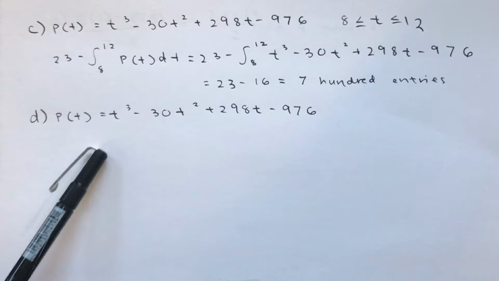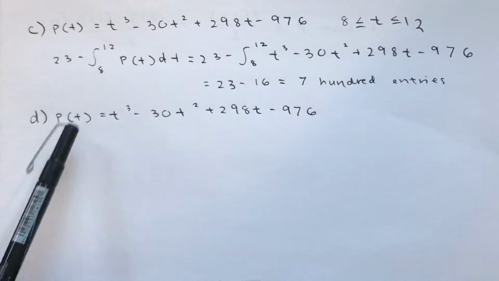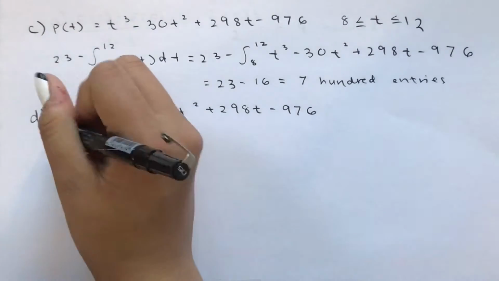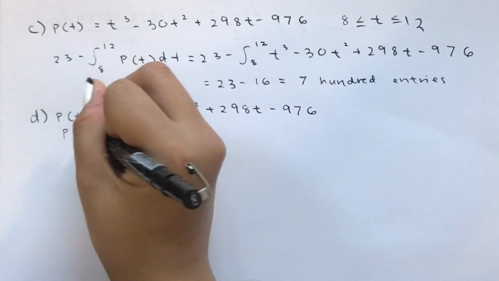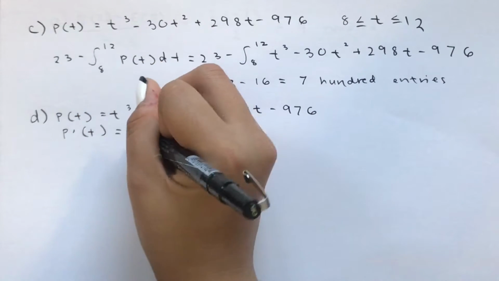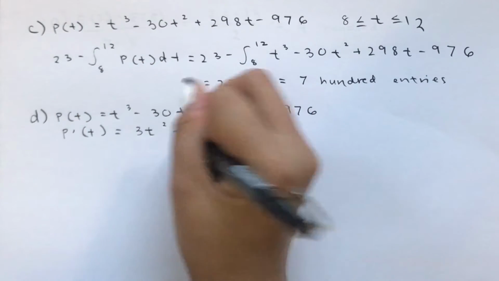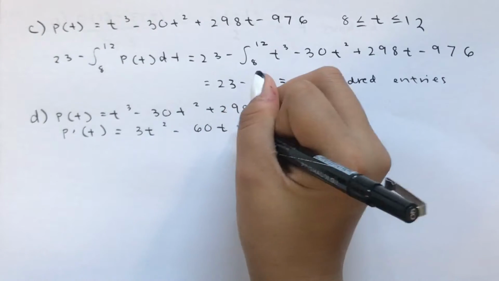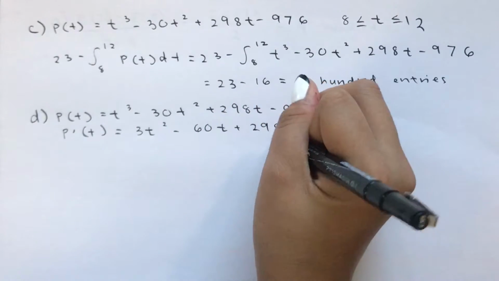And to find the absolute max, we need to find the first derivative of p of t. So the derivative of this is just 3t squared minus 60t plus 298.